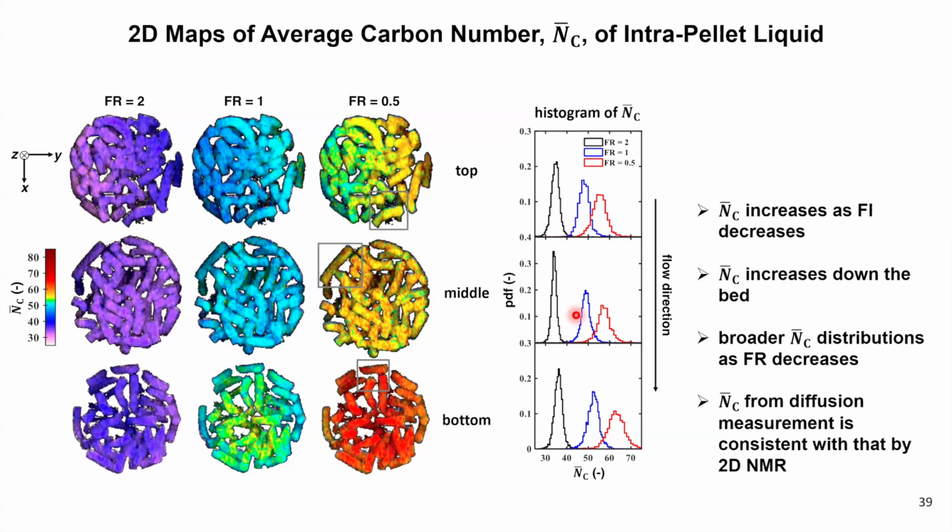I didn't talk about field strengths. We're typically working at 200 or 300 megahertz, 4.7 Tesla, 7 Tesla, 400 megahertz, up to 9.4 Tesla. And the spiral can be quick enough.